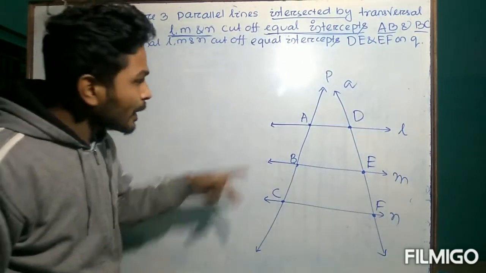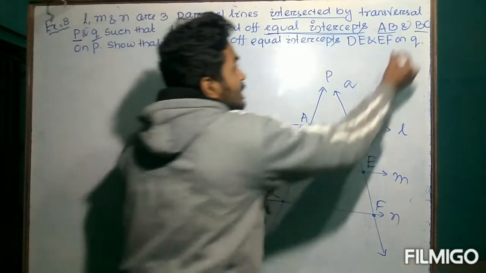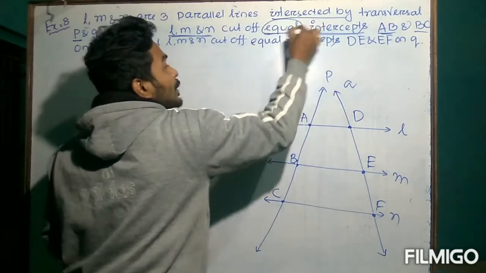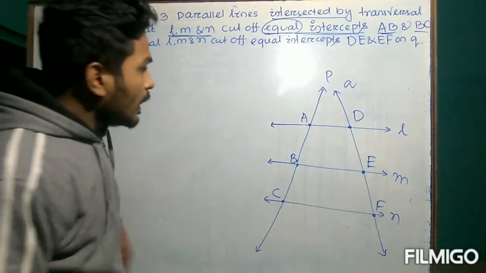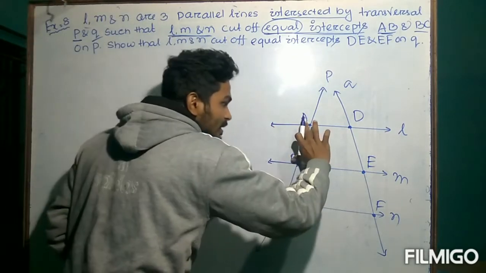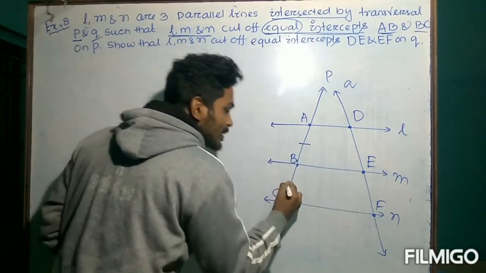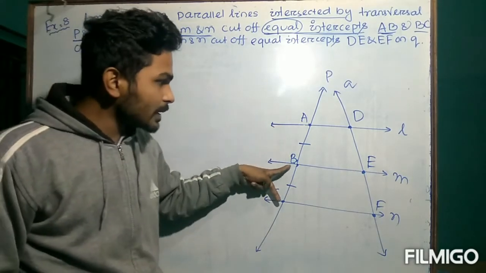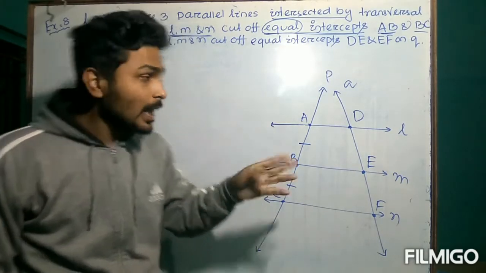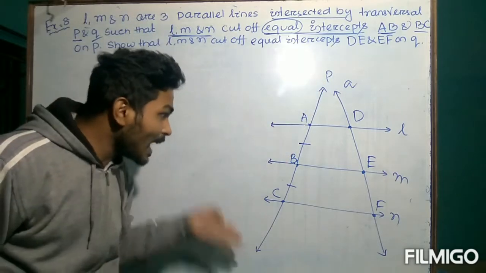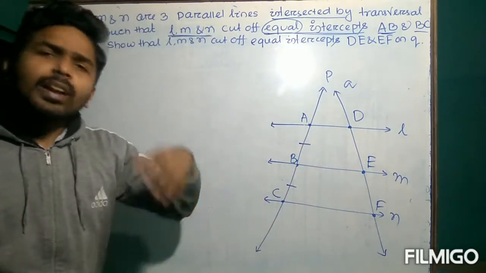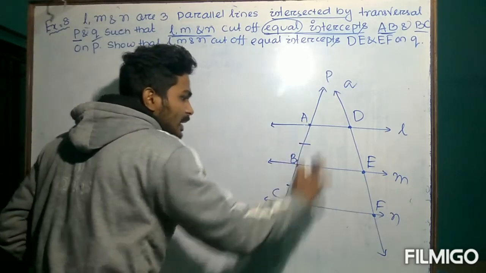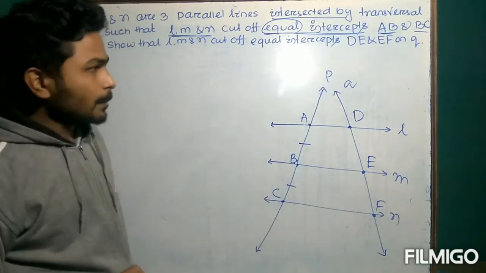Ultimately, the distance AB is equal to the distance BC. An intercept is the distance between two points where the transversal line cuts the parallel or any other lines.